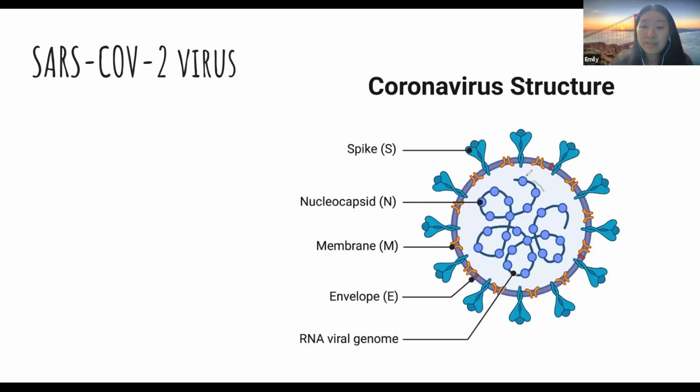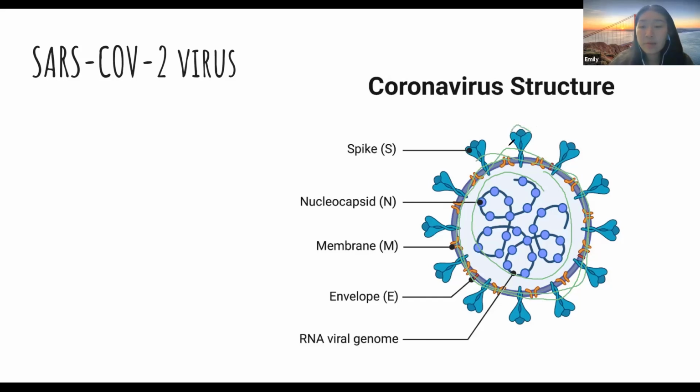It's going to have its RNA genome within it. So it's not DNA, it's RNA, which is very similar to DNA, but slightly different in its structure. And this is going to be surrounded by a layer of membrane, just like our cell membranes.